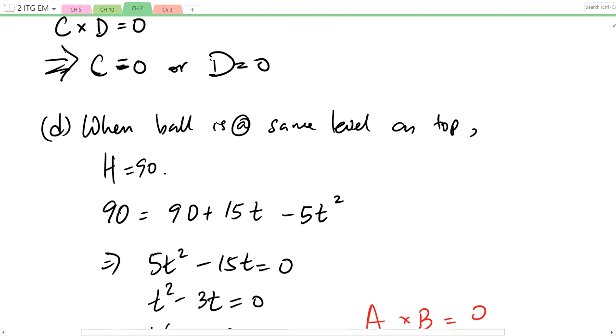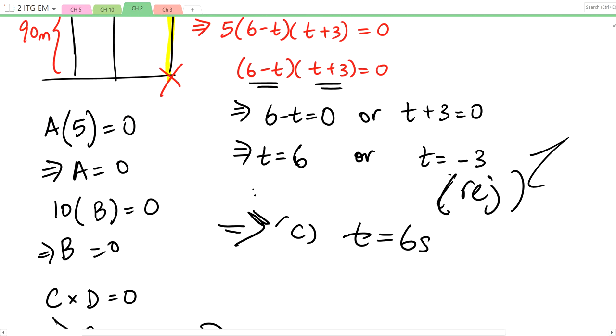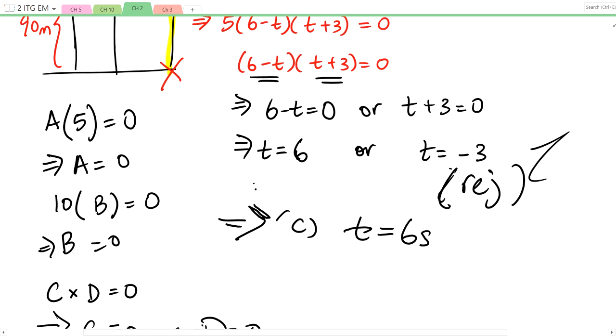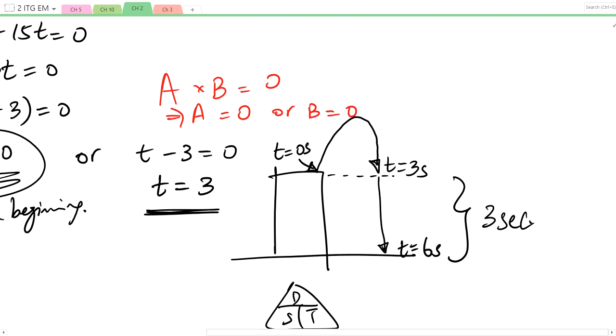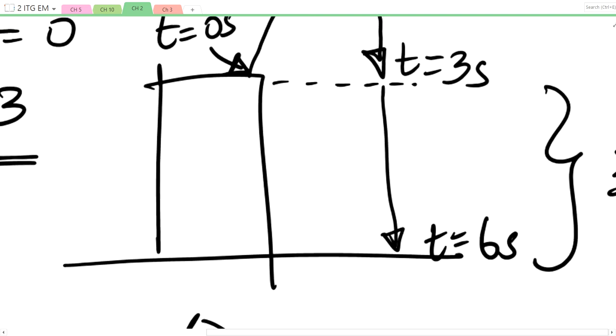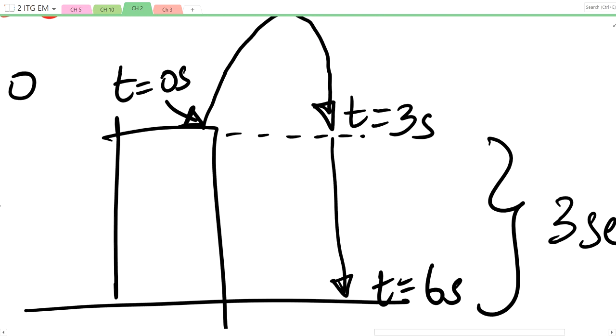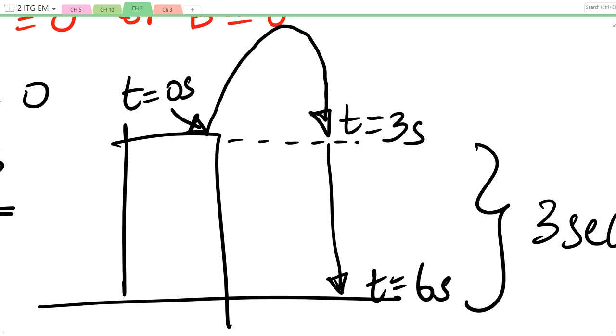And then what does this actually mean? Initially we said when h equals 0, we got t equals negative 3, right? What does that actually mean? We say time cannot be negative, isn't it? Now, if I were to imagine what happened before time equals 0, the path would have looked like this.